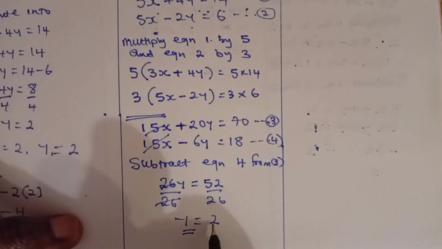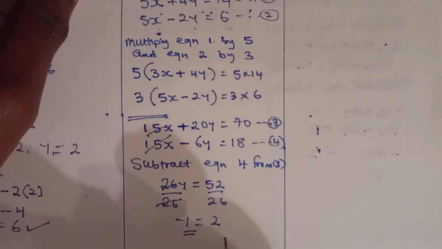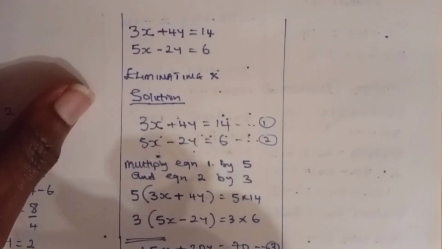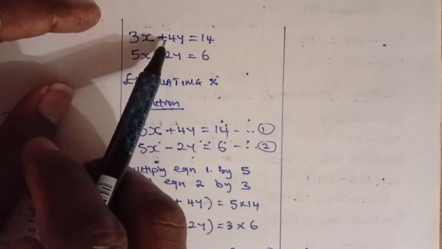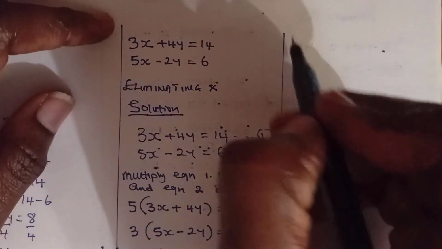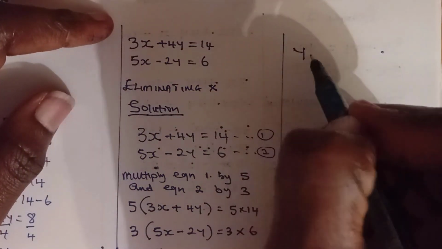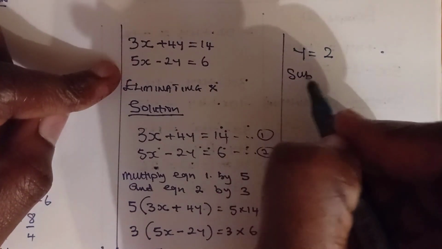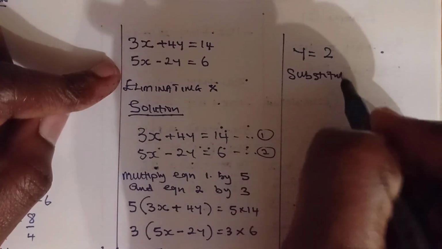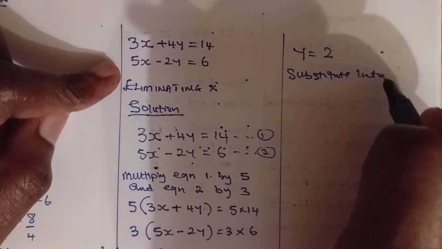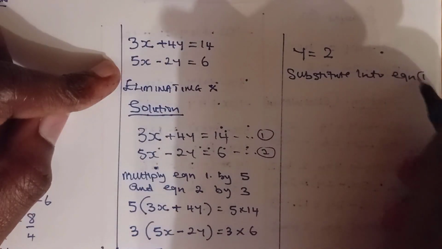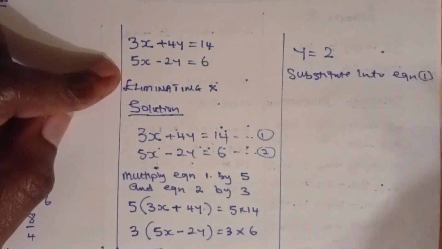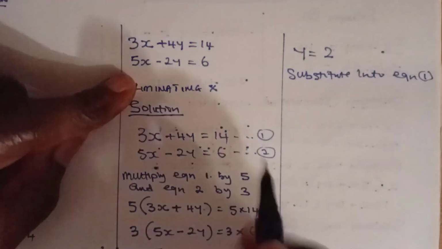Now if y is 2, we have to find the value of x by substituting into any of the equations here. So we already know now that y equals 2. So let's substitute into equation 1. You can substitute into equation 2, whichever one you like, it doesn't matter.